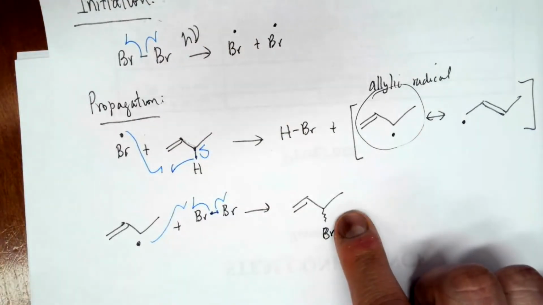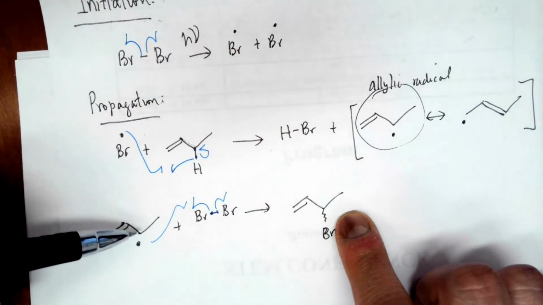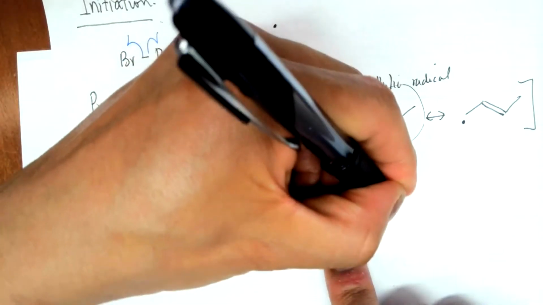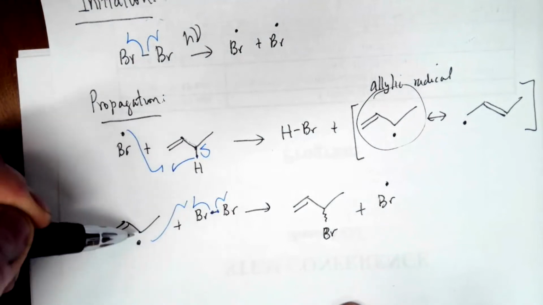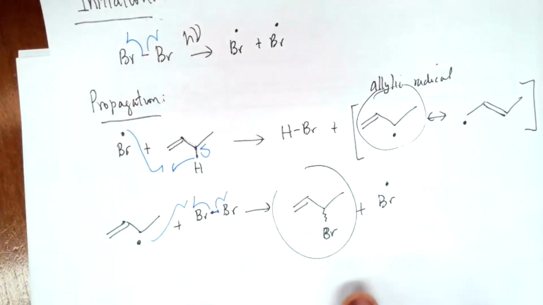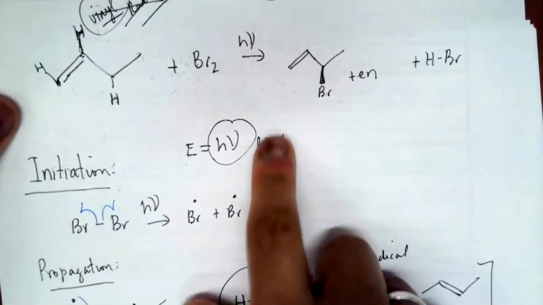Why did I put the wavy line? Because remember, this one is a prochiral center. As a prochiral center, it will give me a racemic mixture, right? Because here the bromine can be added dash or wedge, so that's why I get both enantiomers. And that's my product. I got my two products, HBr and the allylic bromide.